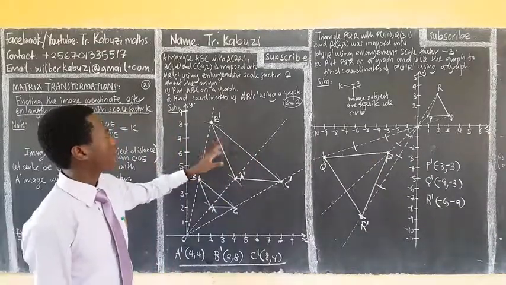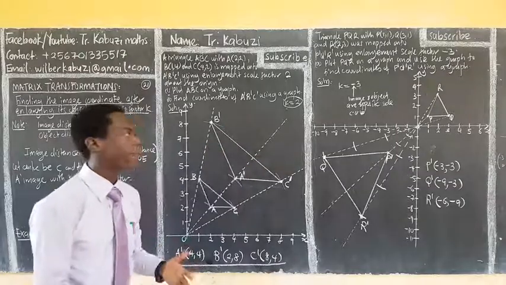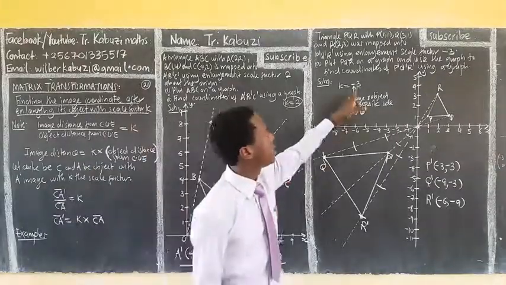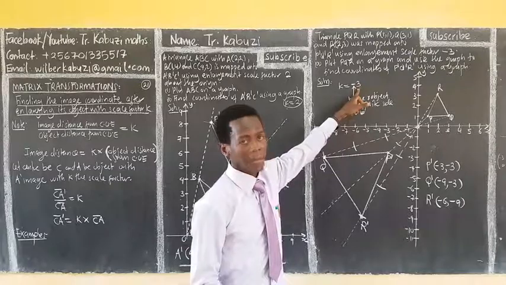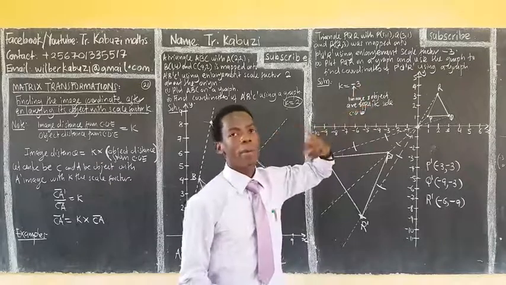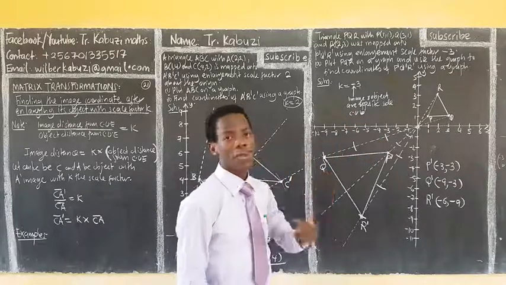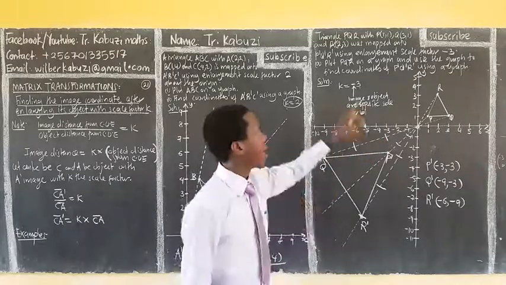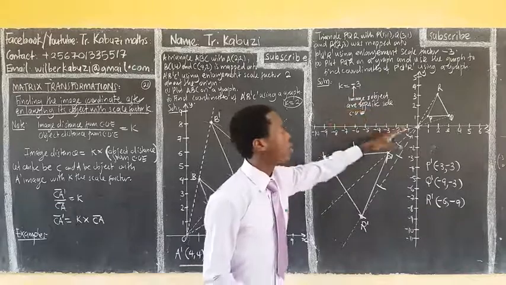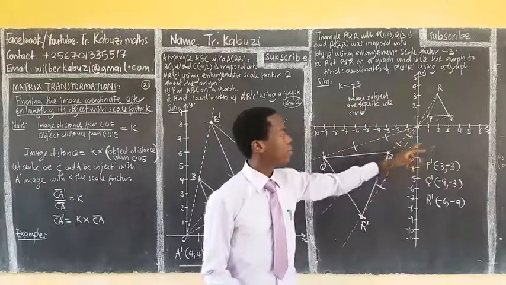So if the scale factor is 3, you move 3 times. But the idea you should not forget is to be careful with the sign. This 3 is just how we multiply that distance. If it's 3, you move it 3 times. If it's 2, 2 times. If it's 4, 4 times. But this negative tells you they are going to lie on opposite sides of the center of enlargement.